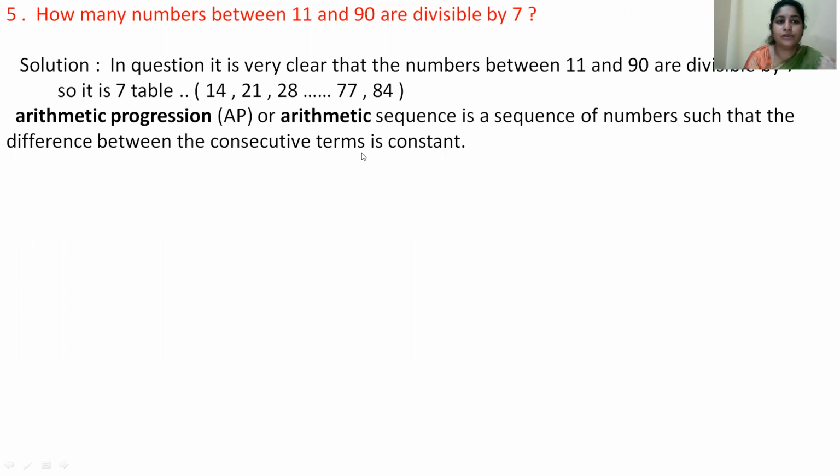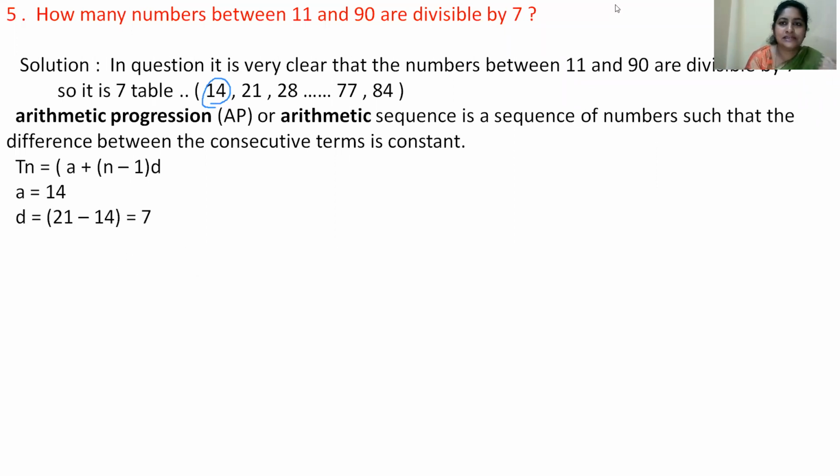So we have taken it as an arithmetic sequence. We have a formula for an arithmetic progression: Tn is equal to A plus n minus 1 into D. We shall see what A, n and D are. A is your first term in the series.